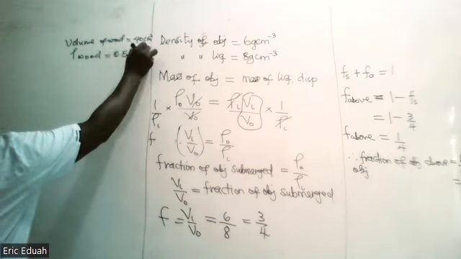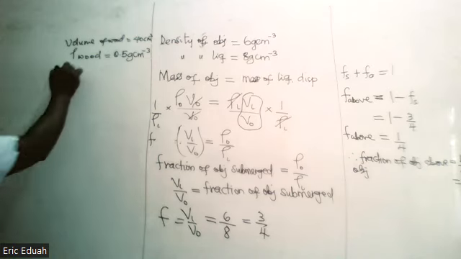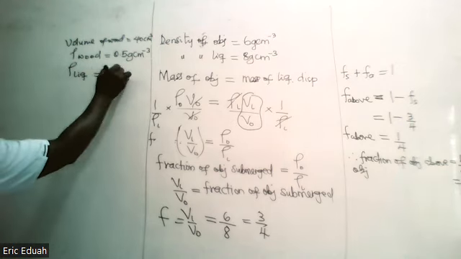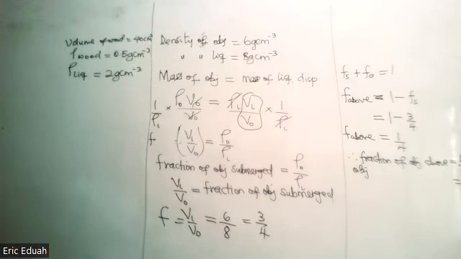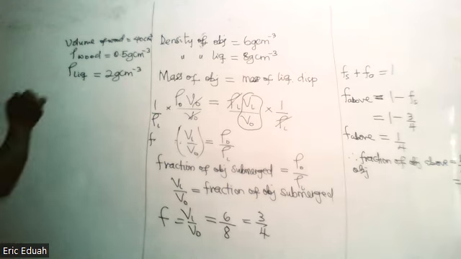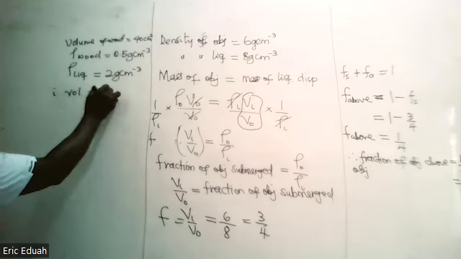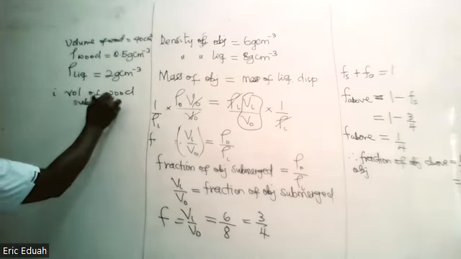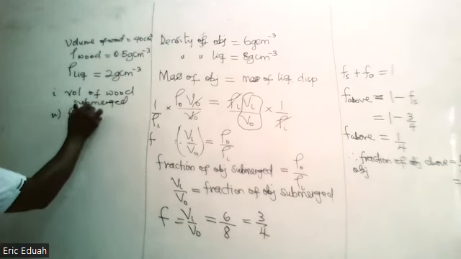Floats in a liquid of density 2 grams per cubic centimeter. So density of liquid is 2 gram per cm cube. Then calculate the volume of wood submerged, and the fraction of wood submerged.